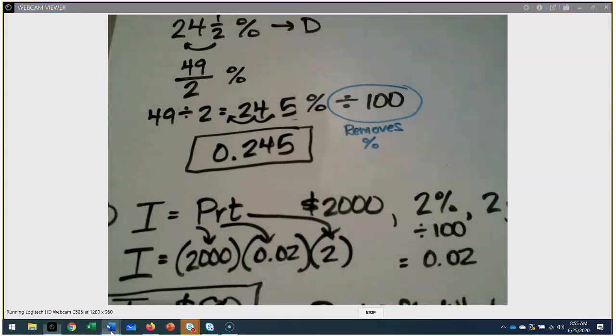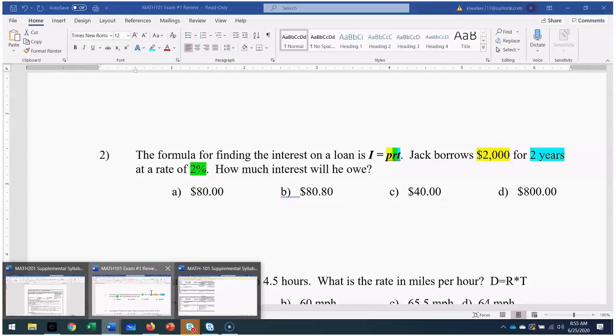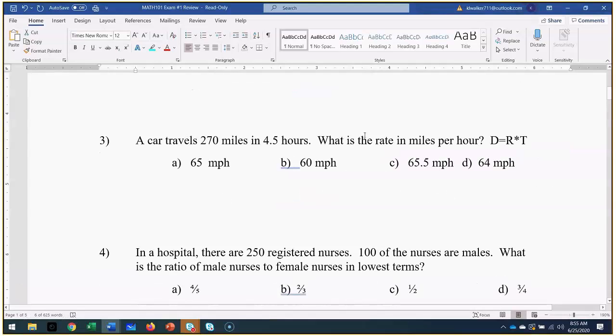Okay, let's go to the next one. Here's another one. They give you a formula, but you don't actually even need it for this. A car travels 270 miles in 4.5 hours. What is the rate in miles per hour? That's what they want. The word per means divide. So what we're going to do is just divide the miles by the hours.